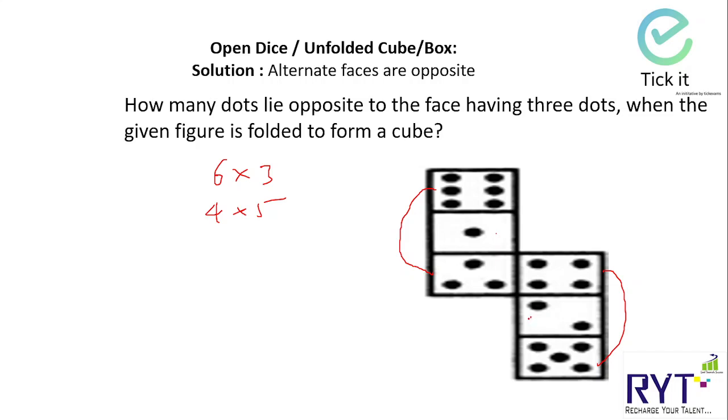And here we have 2. So 1 is opposite to 2. So in the open dice, we can get all three pairs of opposite numbers. In this question, how many dots lie opposite to the face having 3 dots? Which is opposite to 3? It is 6. 6 is the answer.